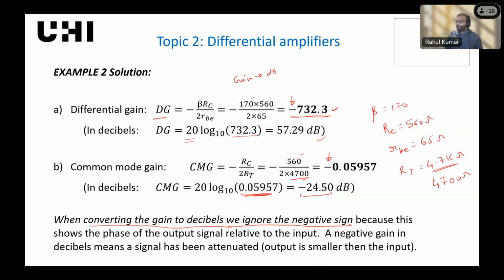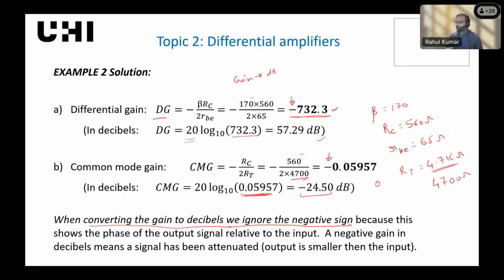Ideally, we want it to be 0. The differential amplifier should not amplify any signal that is common to both the inputs. Ideally, it should be 0, but practically, in the calculations, it should be as small as possible.